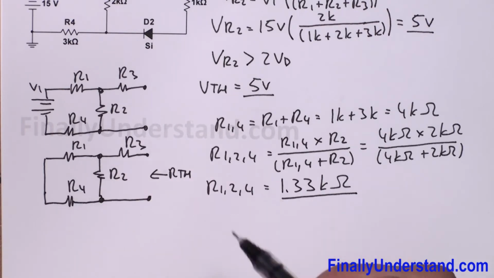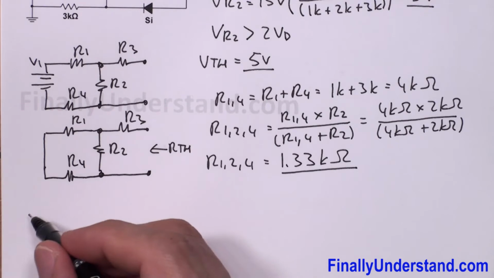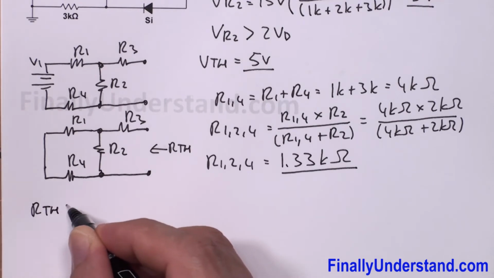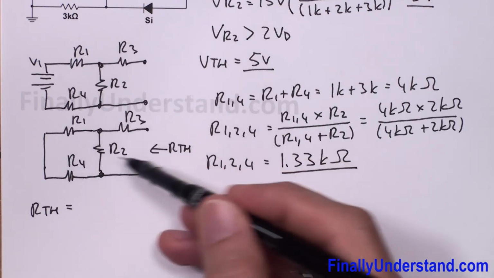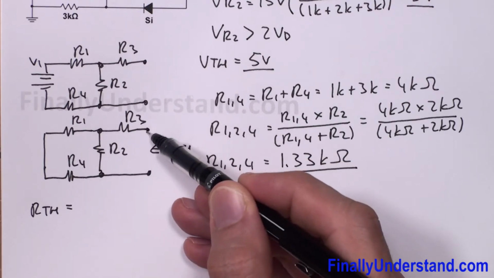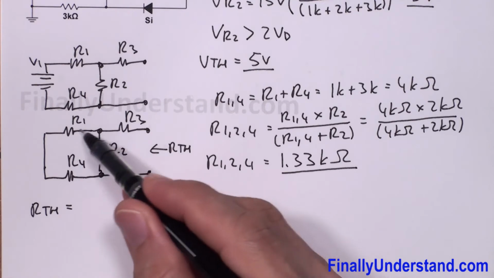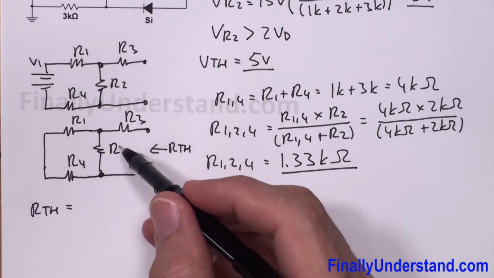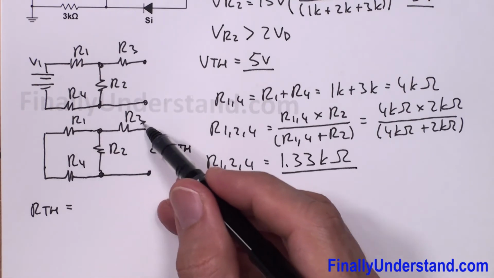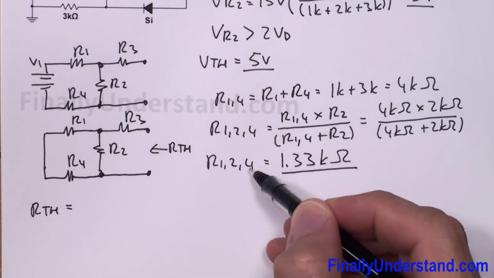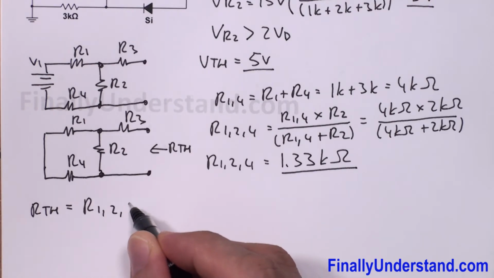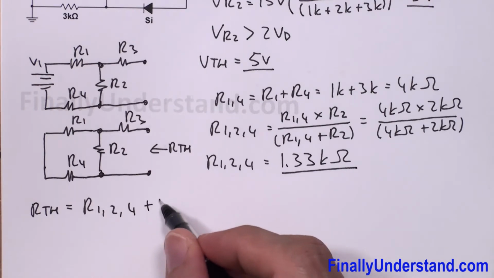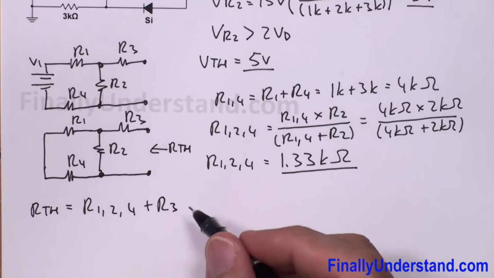In order to find RTH, which is the total resistance of this circuit from this side, we found the total resistance of these three, so we have to add R3 to this resistor. So RTH is equal to R124 plus R3.